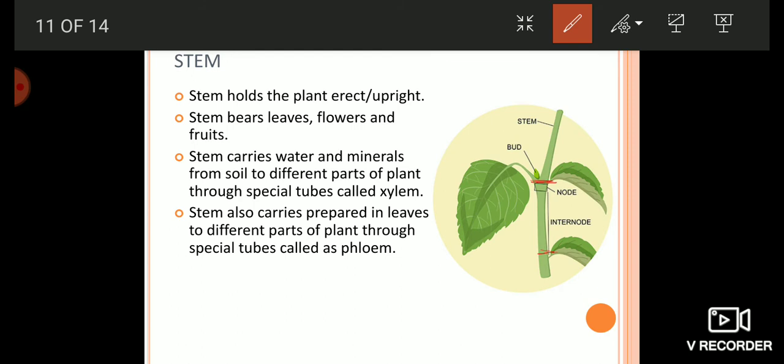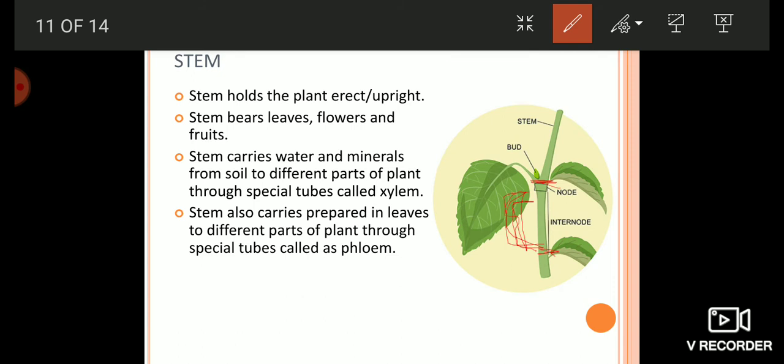The second part is the internode. The portion of the stem between two nodes is called an internode. Now see, this is the node, so the portion between the two nodes is called the internode.